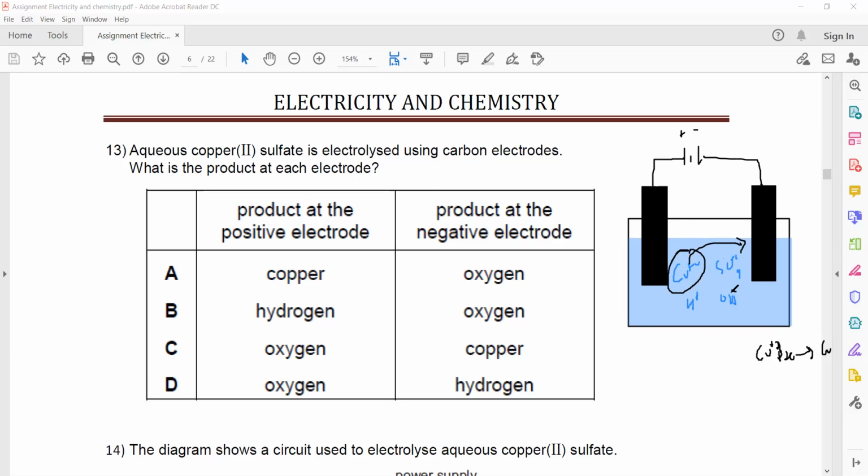Sulfate, nitrates and carbonates do not move, so you are left with hydroxide. Hydroxide will move, and whenever hydroxide ions move there, they will lose 4 electrons and give oxygen and water. So oxygen is observed at the anode, and copper is observed at the cathode. So what is the right answer?